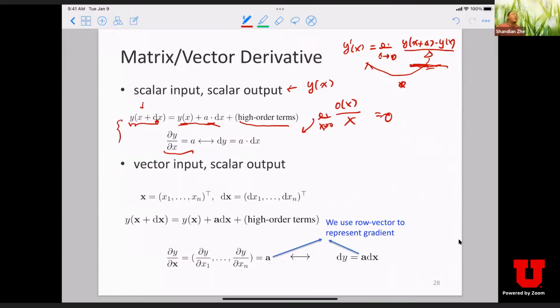This is a more general notation, like if you use a partial derivative, that is to talk about if your y has many input variables. Or a current notation is that dy equals a times dx.